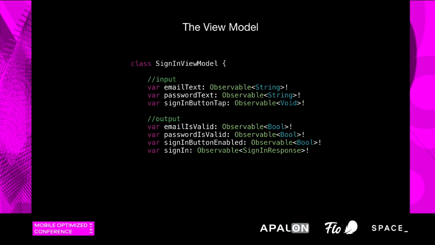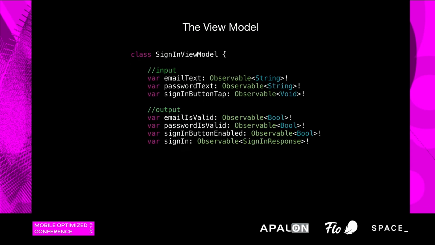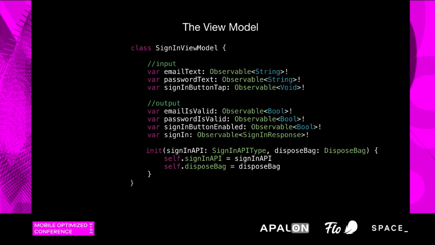An observable of type Boolean of whether the email that we just typed is valid or not. Same for the password. An observable of type Boolean of whether the sign-in button should be enabled or not. And an observable with a sign-in response. And the sign-in view model gets initialized with a sign-in API, which is of type SignInAPIType. This is a protocol, and we'll see afterwards how we can implement this protocol. And a dispose bag.